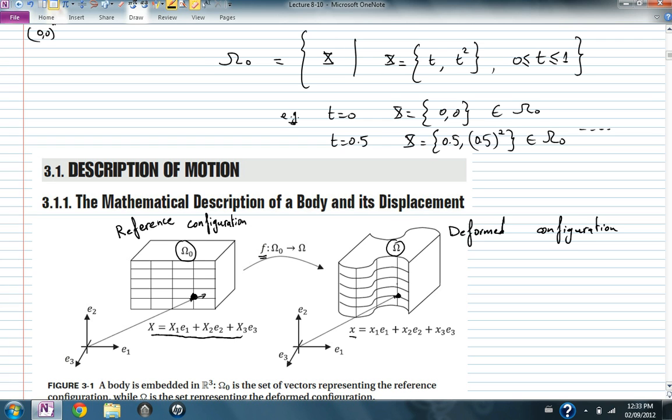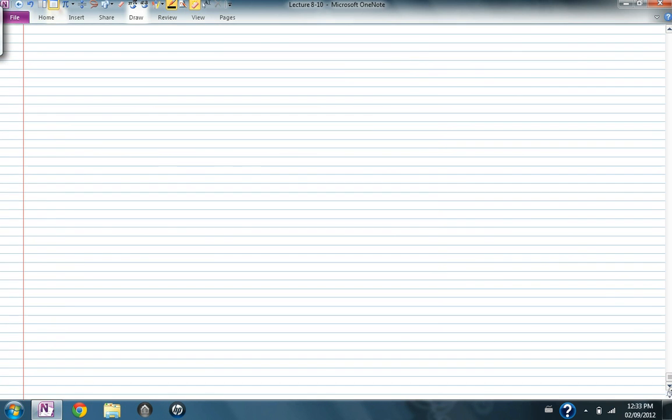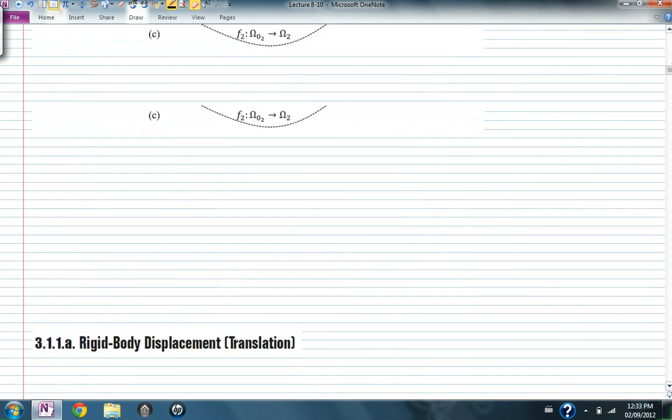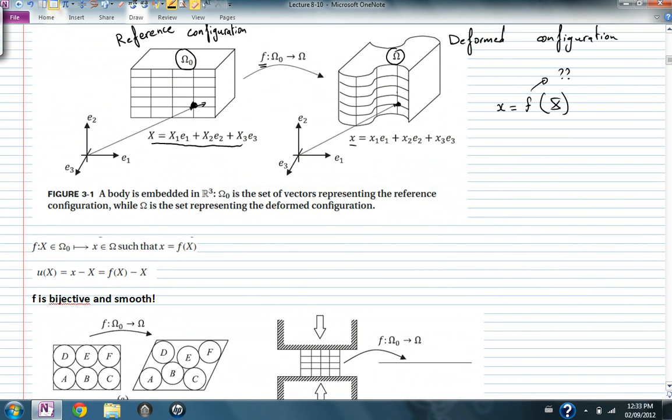I'm looking for the function x as a function of capital X. This function is what describes the deformation. So usually I'm looking for f that takes X in the reference configuration and gives me a small x in the deformed configuration such that x is equal to f of X.